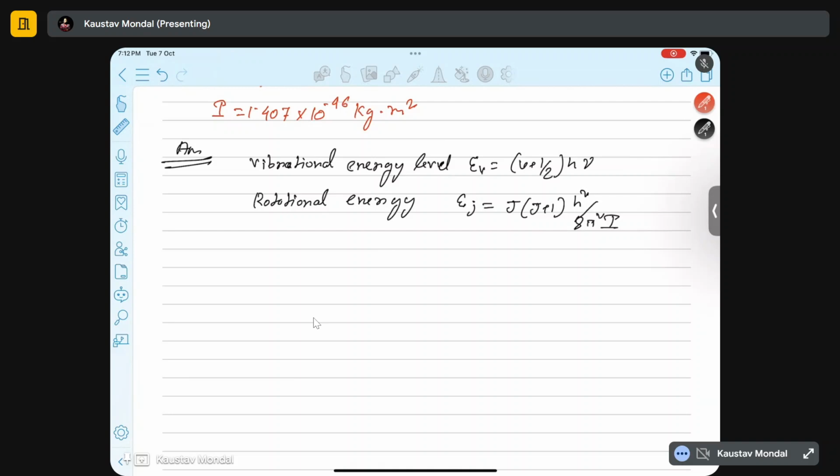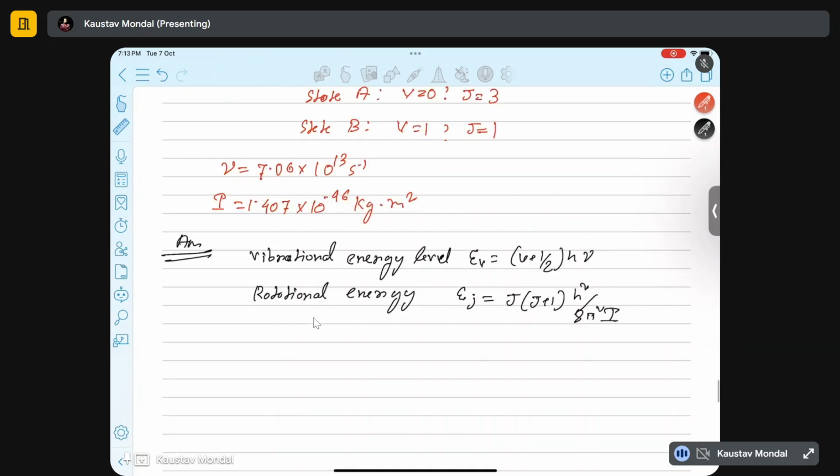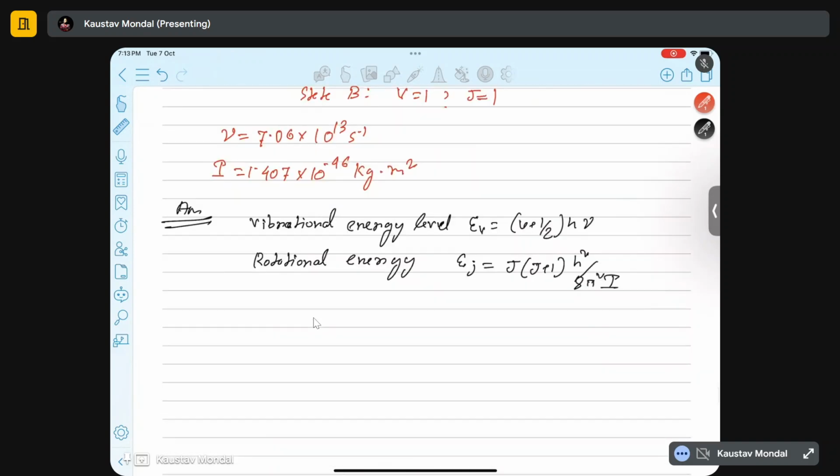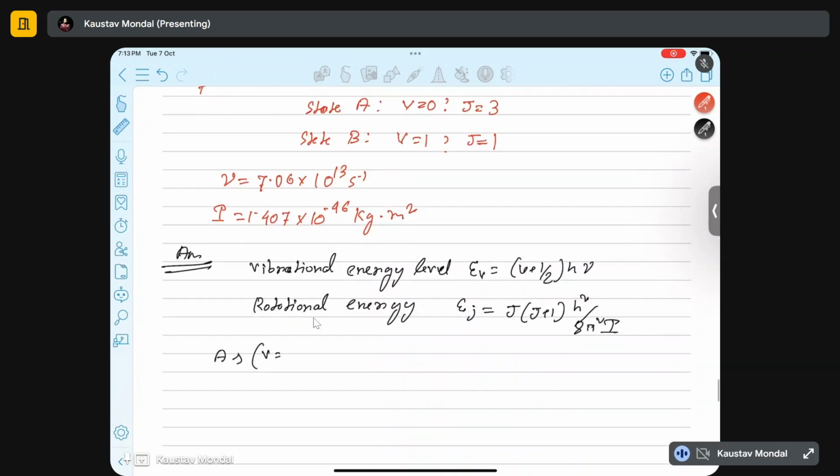Now you have to calculate the ratio of the population. Two states are here, A which has vibrational state equal to 0 and rotational equal to 3, and B which has vibrational 1 and rotational also 1.